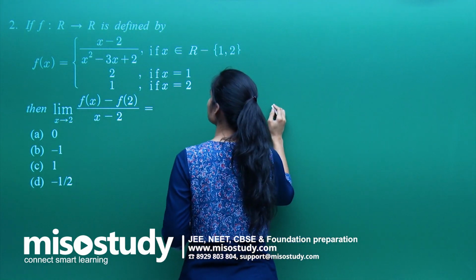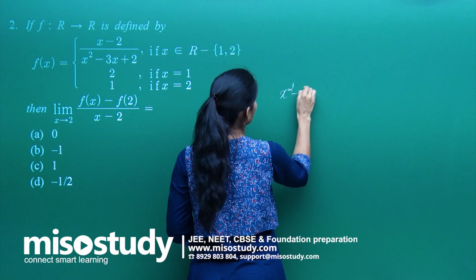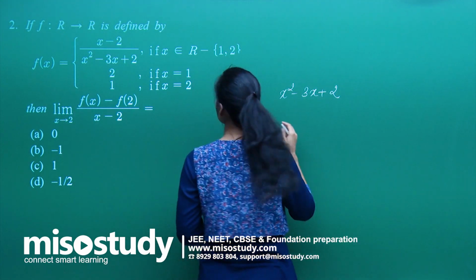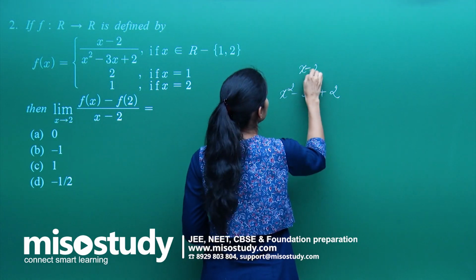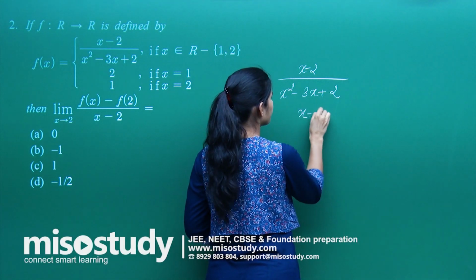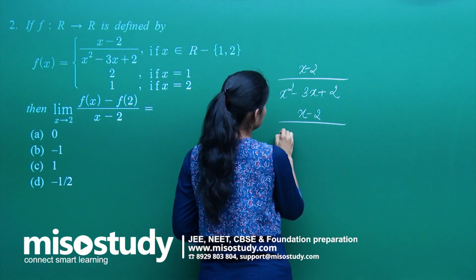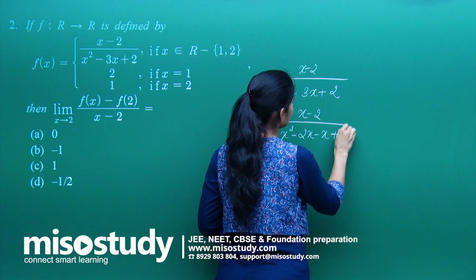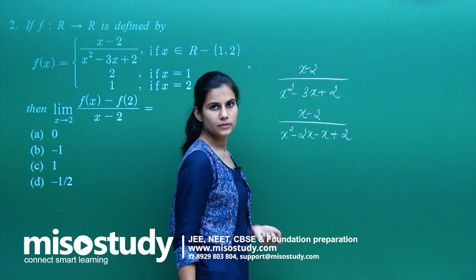You have x square minus 3x plus 2 in the denominator, right? And in the numerator you have x minus 2. Okay, so this becomes what? This is x square minus 2x minus x plus 2, right?